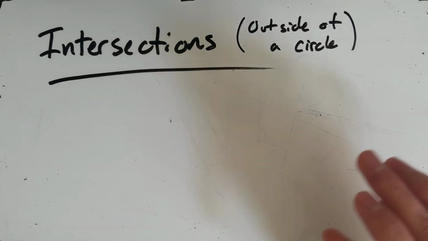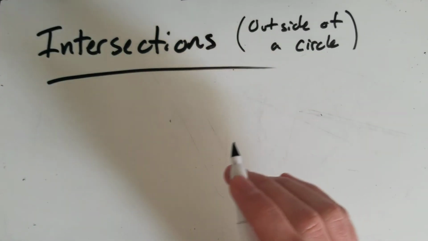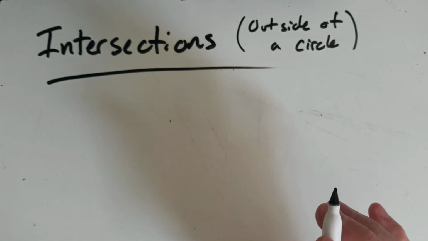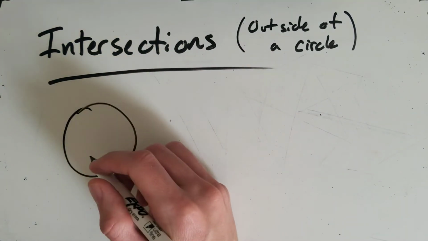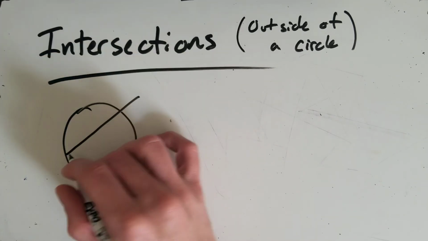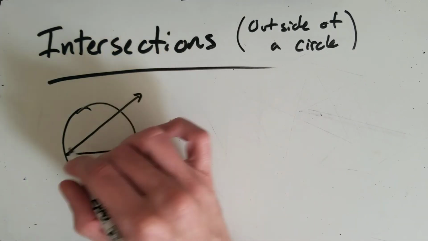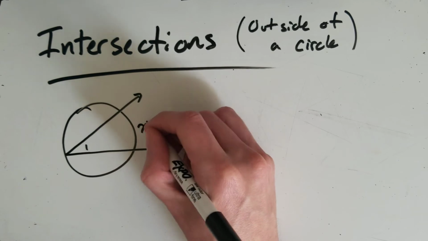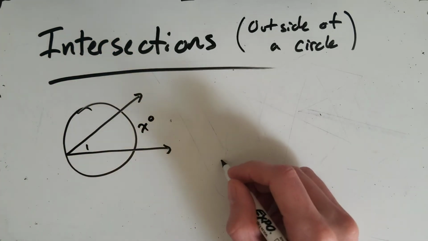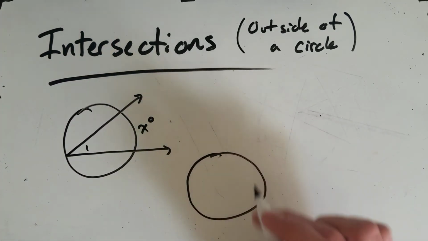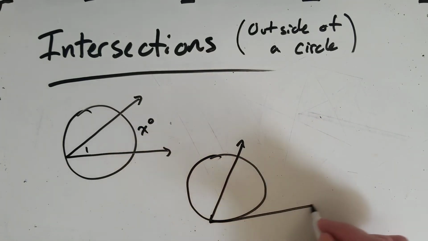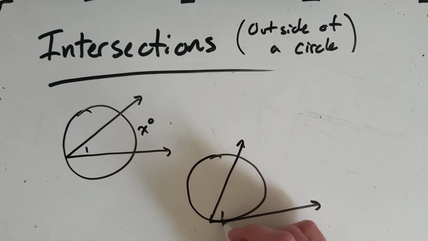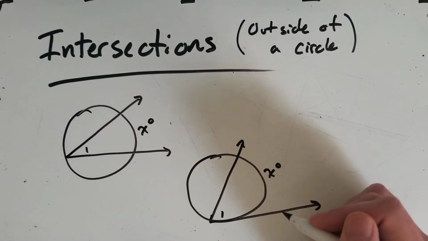So in your top row up there, it's just your different scenarios where you could have an intersection on the circle. That would be like two secants intersecting like this, and we have angle 1 and x degrees, or you can intersect on a circle with a secant and a tangent like this, and that whole angle is angle 1 and x degrees.